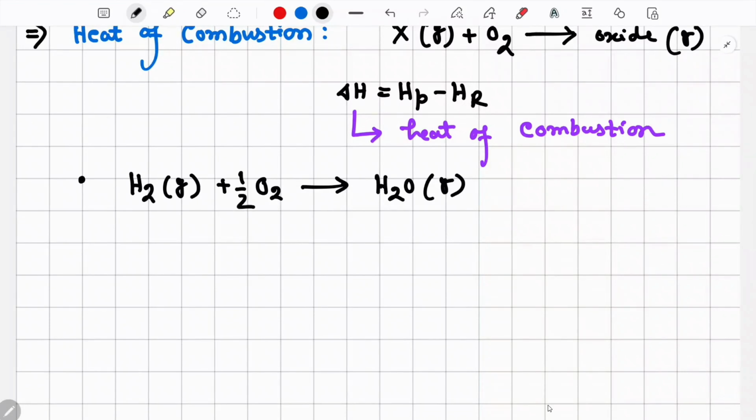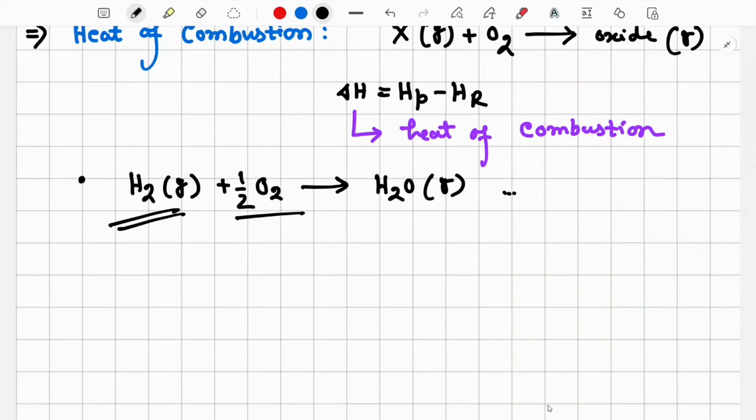Which one do I have to keep as one? The first component, because this is the heat of combustion of H2. Oxygen is constant; this signifies you are burning that species in air. That's why it is oxygen. This part is common for each and every species. But you are changing the species and measuring the change in enthalpy, and that corresponds to the heat of combustion of that particular species.